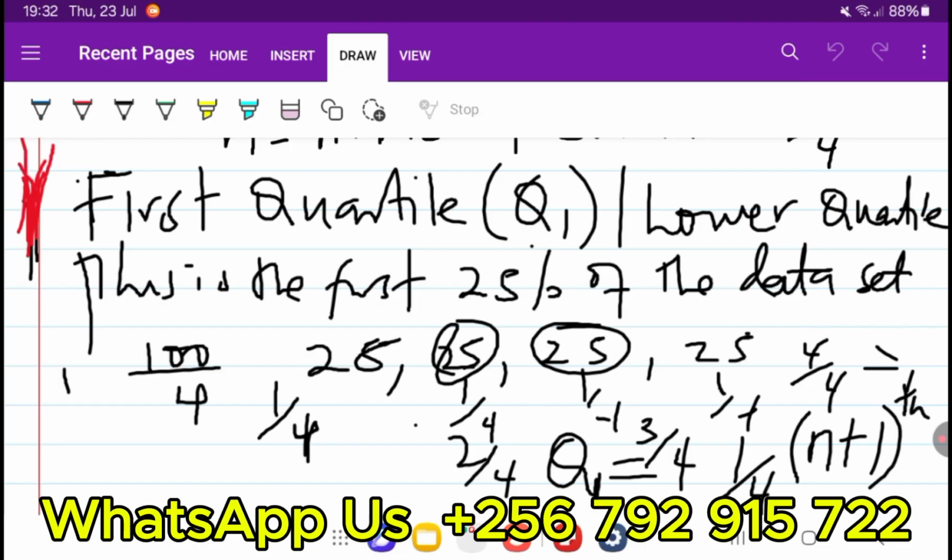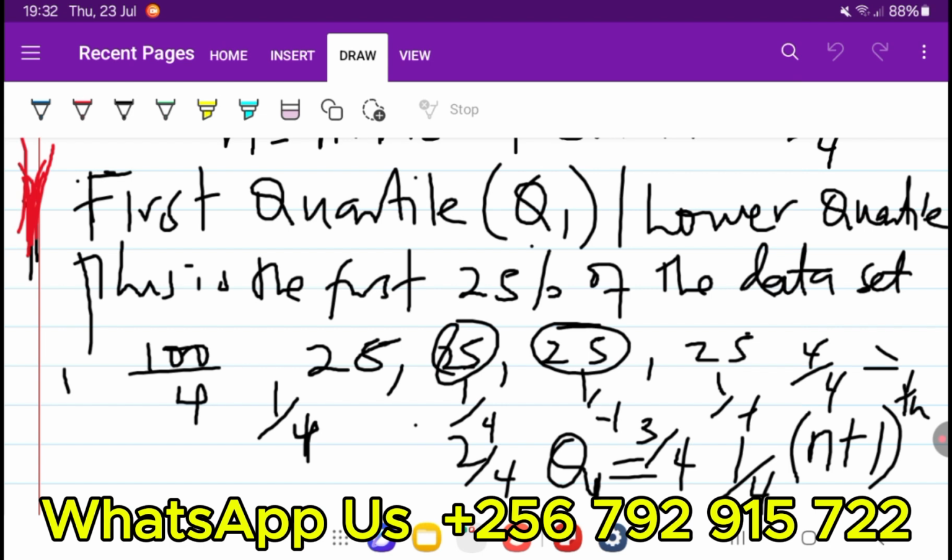If you are to determine Q1, the first thing you do is count the number of observations. If you have been given observations, maybe there are 10, that's our n. The second step, especially for an ungrouped data set, is to arrange the data set in ascending order.